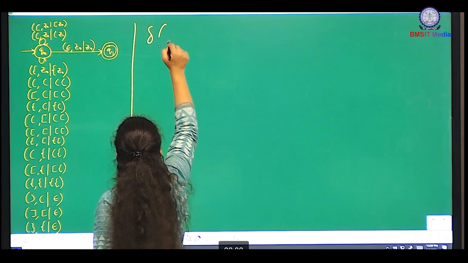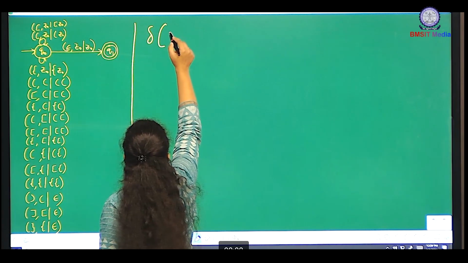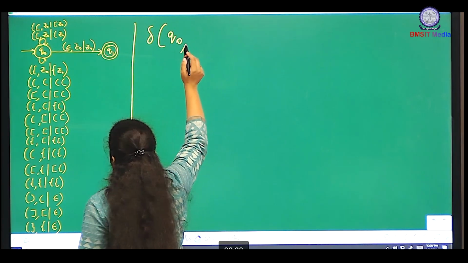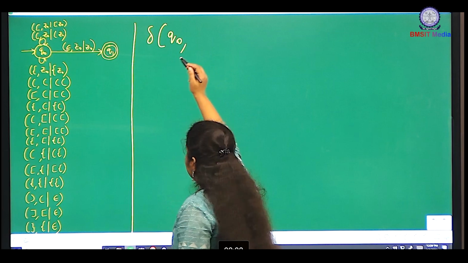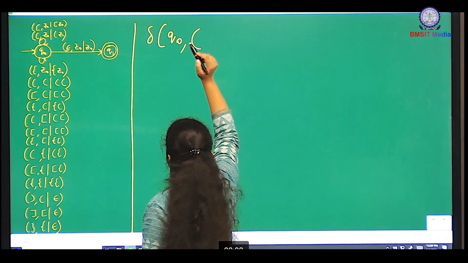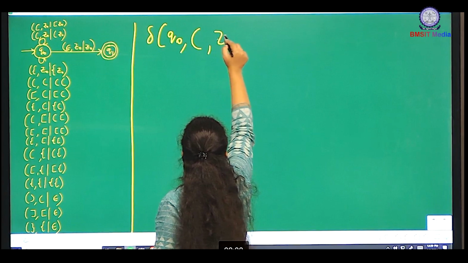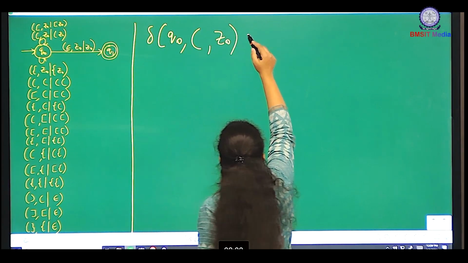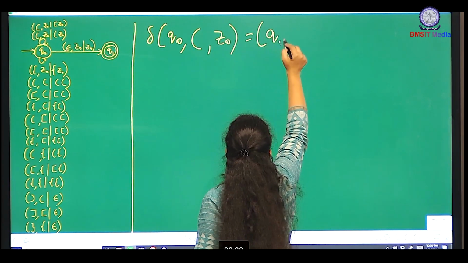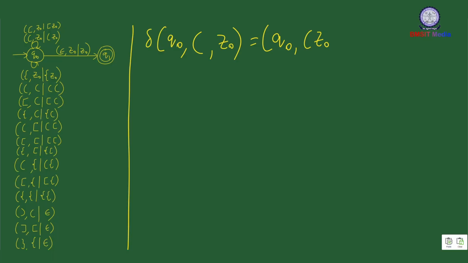So, delta of Q naught is the current state, you are reading the open parenthesis as the input symbol, Z naught is the stack element. So, what do you do? Stay in the same state and push it onto the stack.